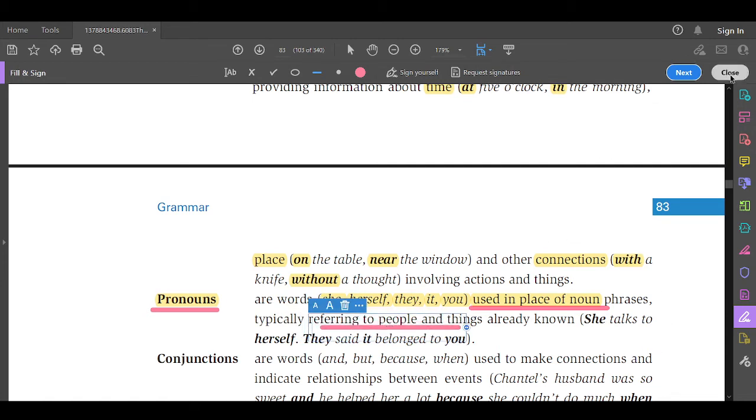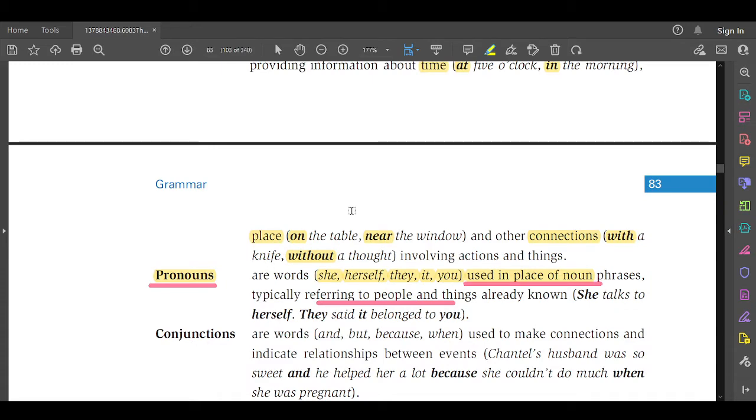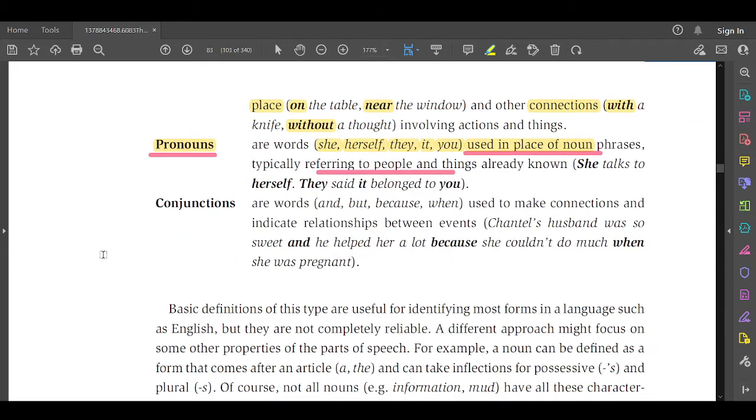Okay, that's the pronoun. Now we have the last category, which is conjunctions. Conjunctions are words like and, but, because, when, used to make connections and indicate relationship between events.